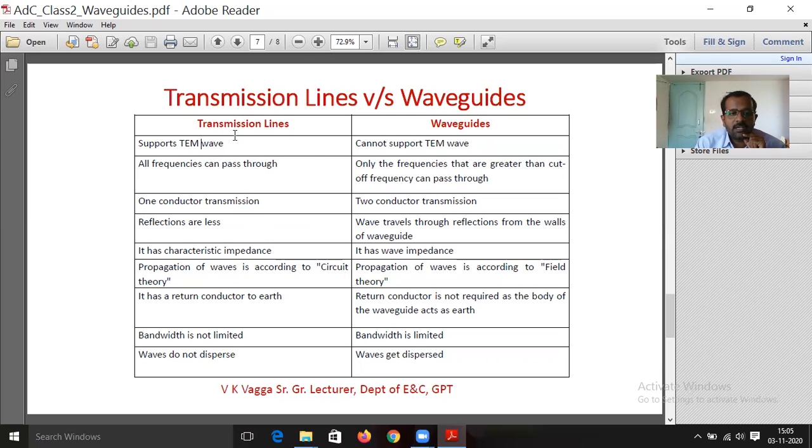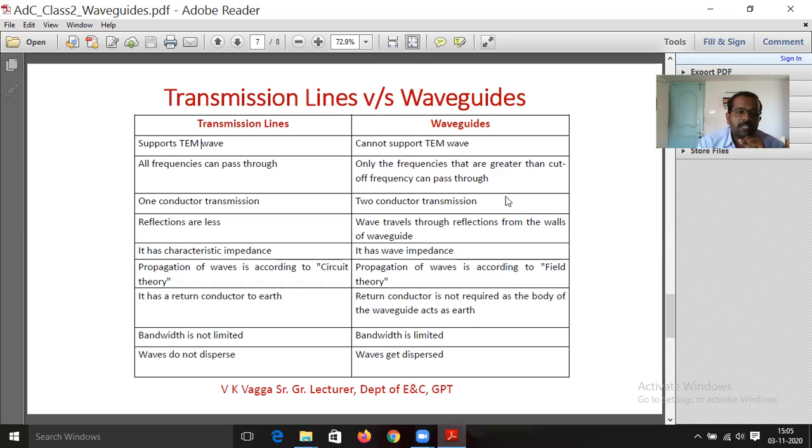So if you take the transmission lines, they support the TEM wave. It is the transverse electromagnetic wave, so that it can be operated with either the electric or the magnetic field, only one. But if you take the waveguide, it cannot support the TEM. It is to be combined with the TEM here.